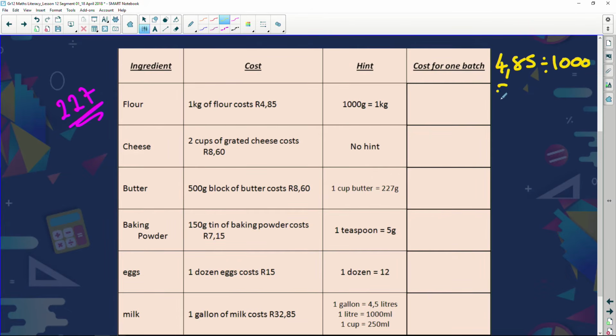So how much did 1 gram of flour cost me? So I'm going to say R4.85 divided by 1,000. That will give me 1 gram, but I don't want 1 gram. I want 227 grams. So I'm going to get an answer and then multiply that by 227 grams. So let's do that.